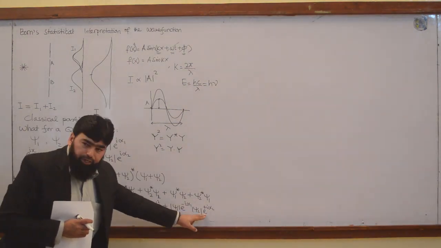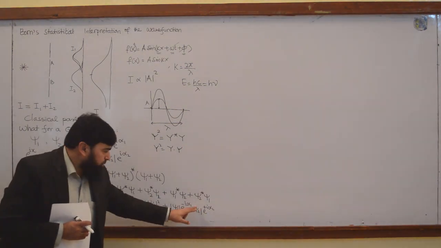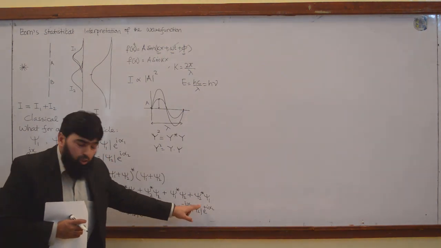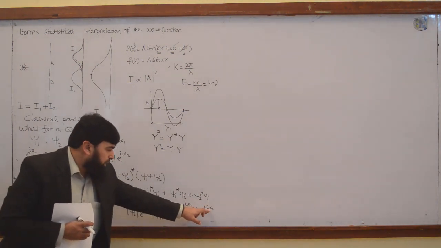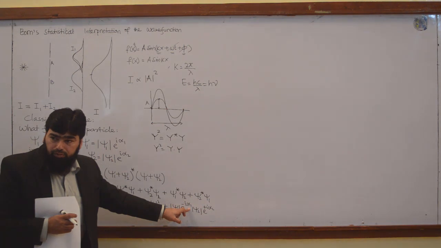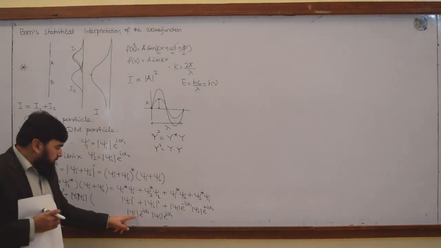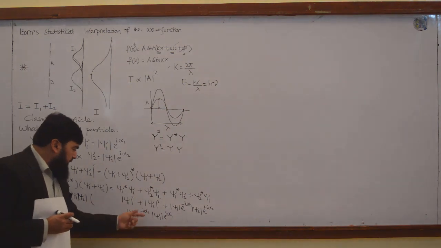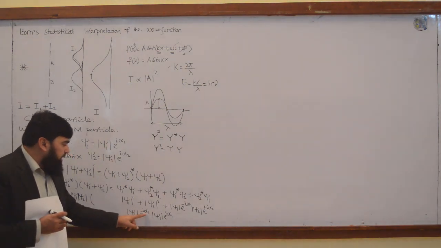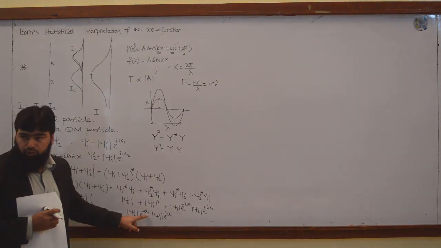This one multiplied with this one, what will it be? It will be the sum of these two exponents. So i is taken as common and alpha 2 minus alpha 1. What about here? This will be alpha 1 minus alpha 2.